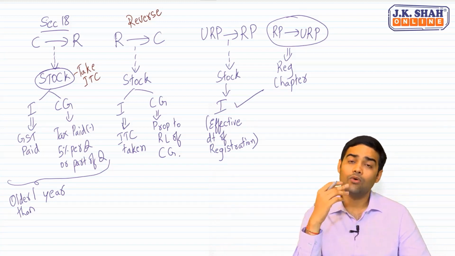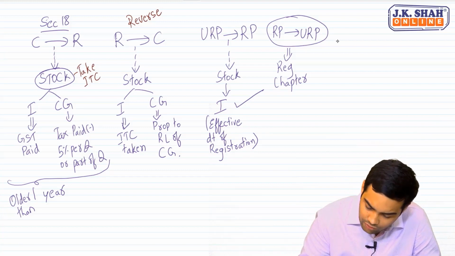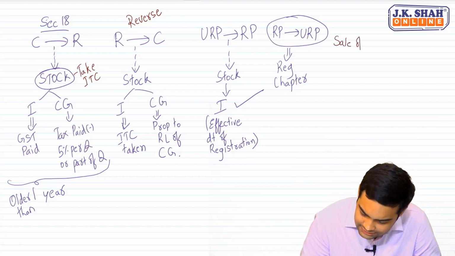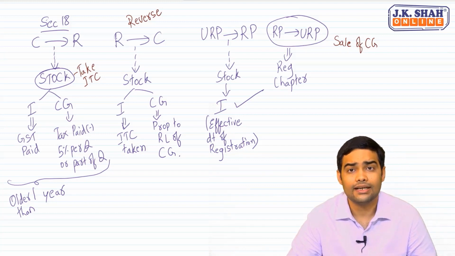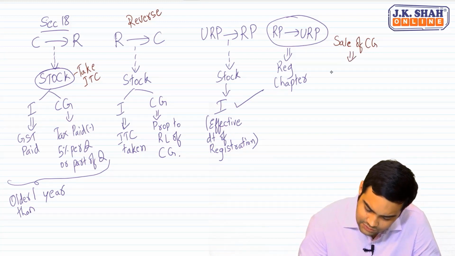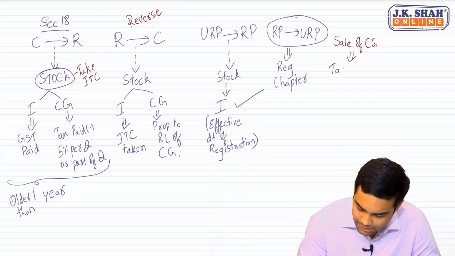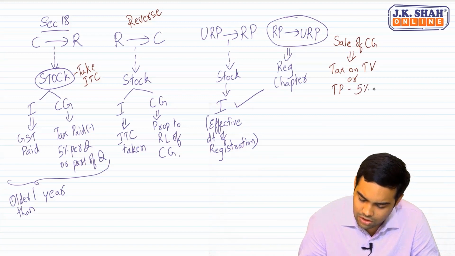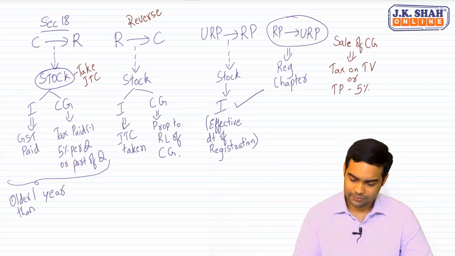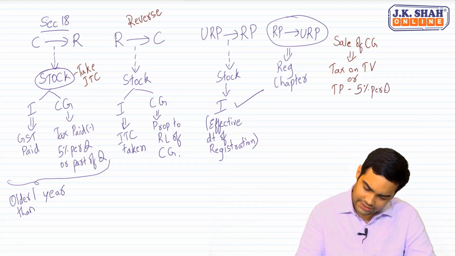Now what happens in case of sale of capital goods? Say suppose there is a sale of capital goods. In that case, do you have to pay tax? The answer is yes. In case of sale of capital goods, you will pay tax on transaction value or tax paid minus 5% per quarter or part of the quarter, whichever is higher.